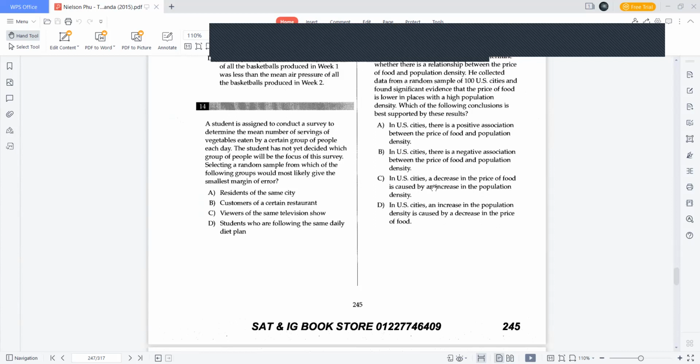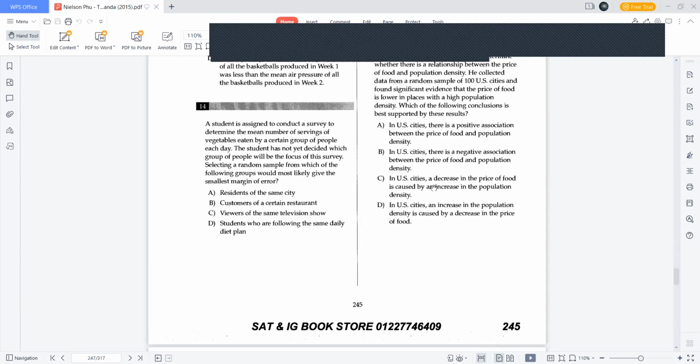So the thing with margin of error is that the smaller the sample size or the more messed up the sample size, like if it's too specific, then you're gonna have a larger margin of error. If you go with students who are following the same daily diet plan, then it won't give you like a mean number of servings of vegetables.